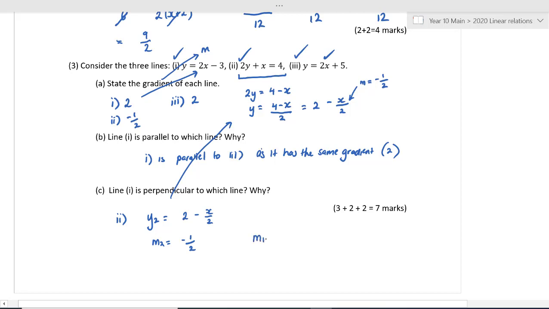Well, we know that if I do m1 and m2, and line 1 has a gradient of 2, and if I multiply that by negative 1/2, which we've already worked out up here, then 2 divided by 2, that's going to cancel, and we're left with minus 1. So line 1 is perpendicular to line 2, since, to use a bit of math language here, m1 times m2 is equal to negative 1. That's all you need to write.